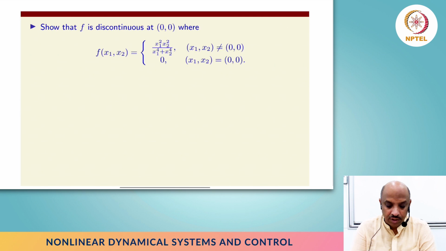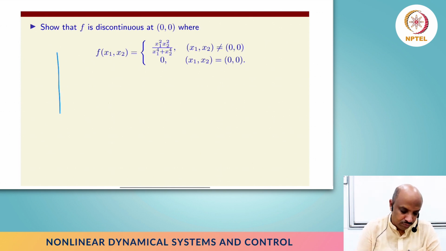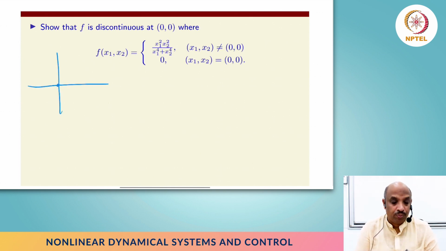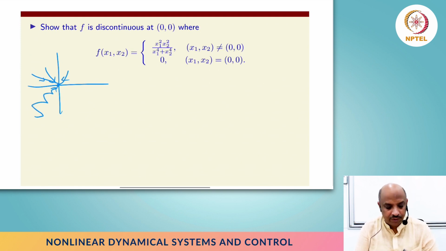In this case, it's two-dimensional. F of 0, the 0 means 0, 0, the origin in the two-dimensional version, right? So we need to show that the limit of f of x as x goes to 0 is not going to be 0. But the thing is, when you have a two-dimensional system, you can have the limit going this direction, this direction, this direction, perhaps going some other way.